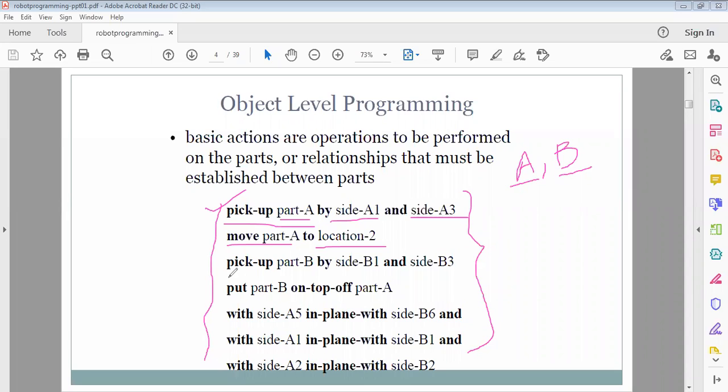and then pick up second part B by side B1 and B3, and move it to location 2, where you put part B on top of part A, with side A5 in plane with side B6.